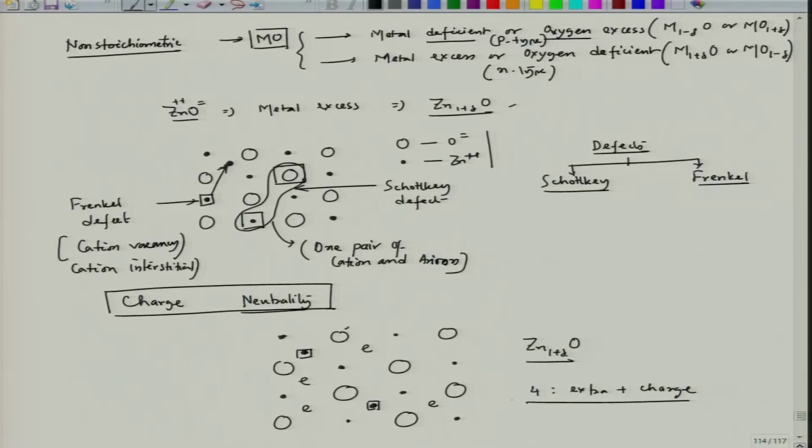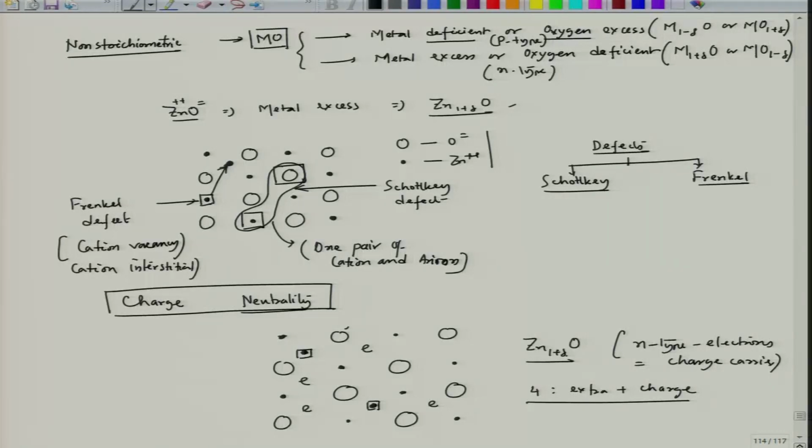Now, that is why it is called N type. Why? Because here electron becomes my charge carrier. And of course, we have the interstitial position filled with that excess zinc ion.